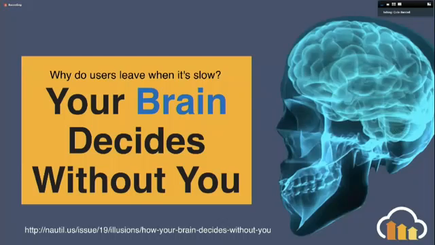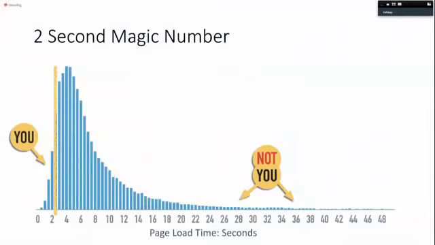Unfortunately, I don't have time to talk about this. There's a lot of great research coming out these days about the psychology of decision. There was just an article, which I put down here at the bottom, on Hacker News just yesterday, about the illusions that happen when the brain interacts. A lot of great stuff in there. And there's this magic number around 2 seconds.